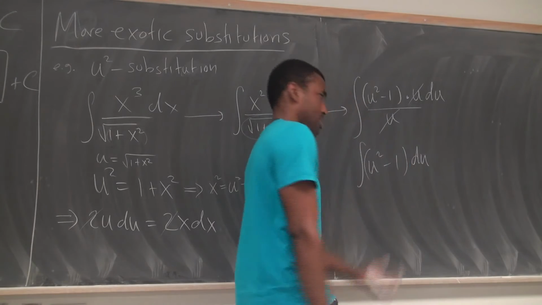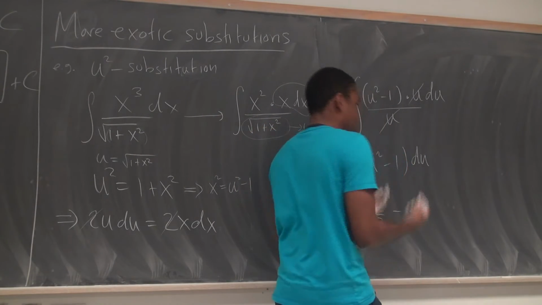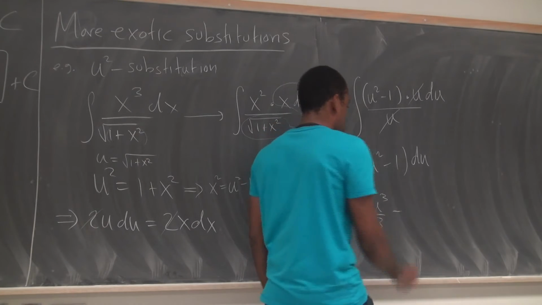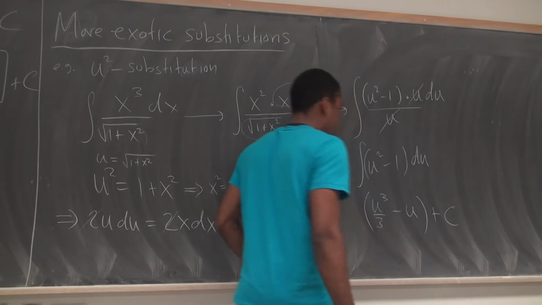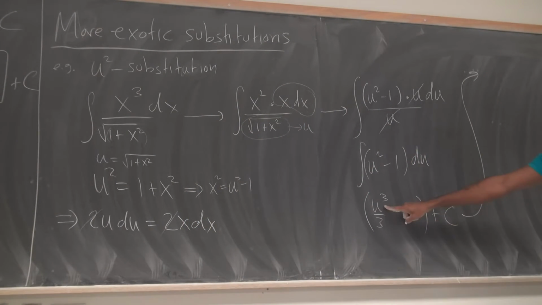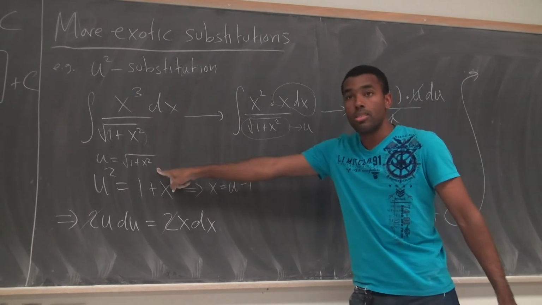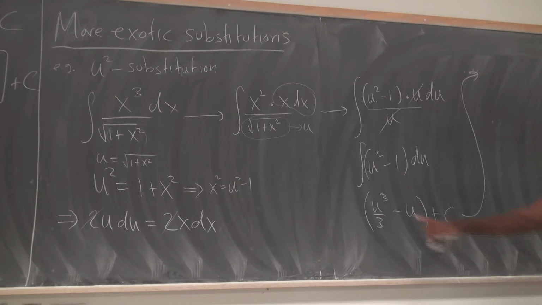Okay, so now, well, that's super easy. Now that's just u cubed over 3. You hardly have to think about it. Obviously that's a basic rule. Minus u plus c. And now you just replace it with your u. Now your u was actually what? It's the radical, right? In other words, u is 1 plus x squared to the half power. And then you cube that.